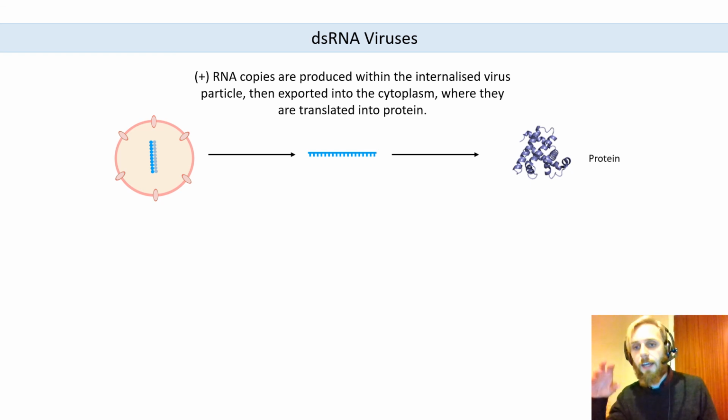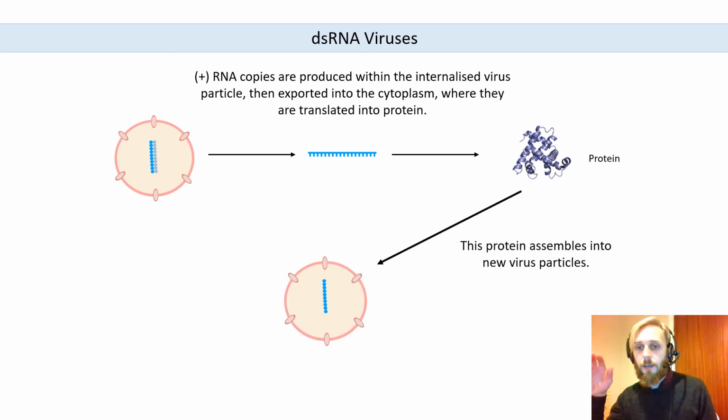So there's an RNA-dependent RNA polymerase enzyme that is acting in the virus particle that is producing positive stranded copies of the RNA genome. These positive stranded copies are being exported out of the virus particle where they can be translated by host cell machinery into protein.